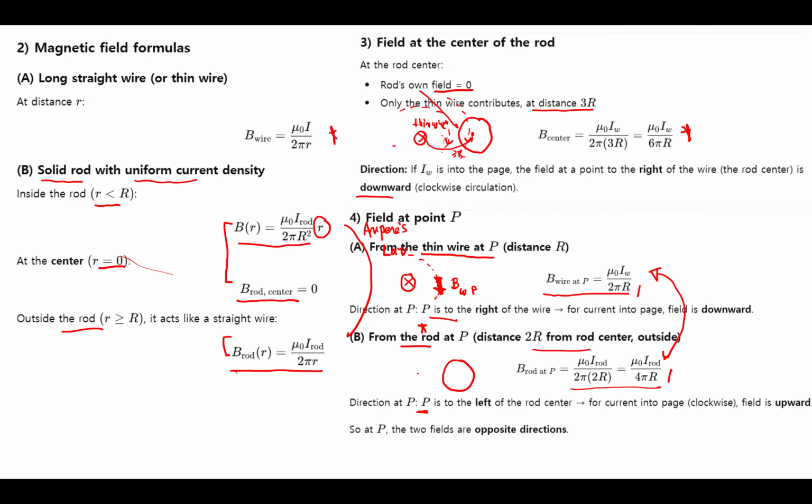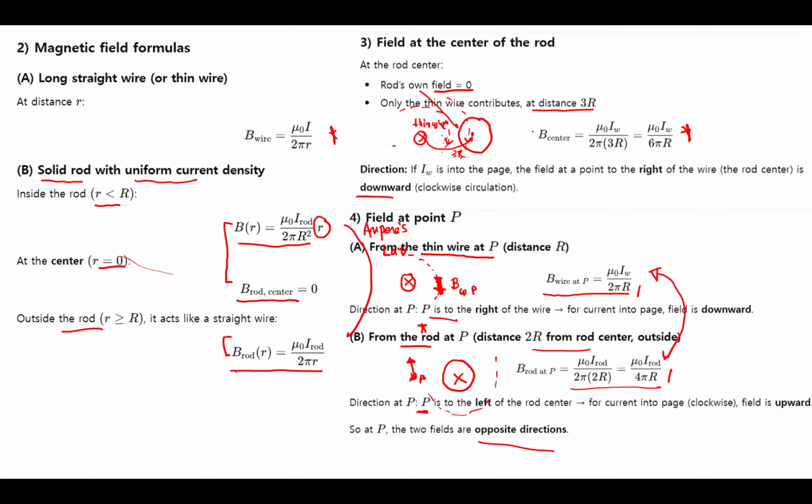P is here, and once again the current is in the same direction as the wire, and you will see that the magnetic field is going to be upward. Okay, so that's the key thing. If the wire and the solid rod have the same current direction as the problem states, then these two magnetic fields are in opposite directions.